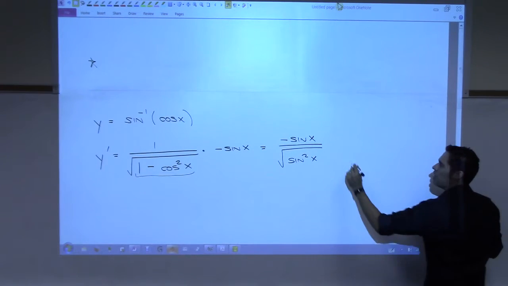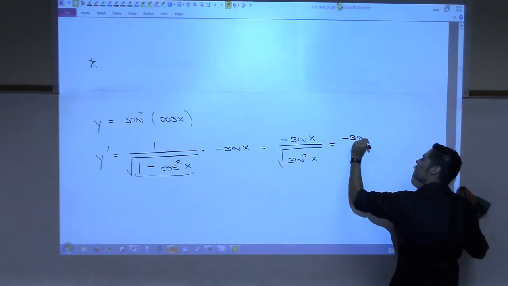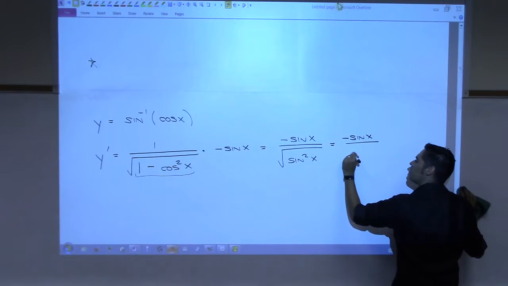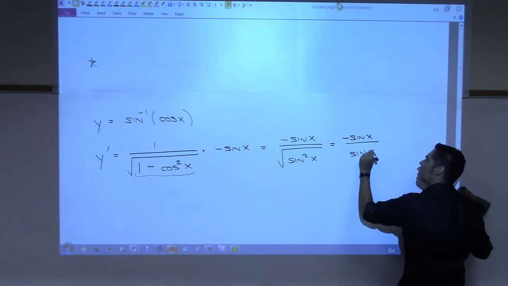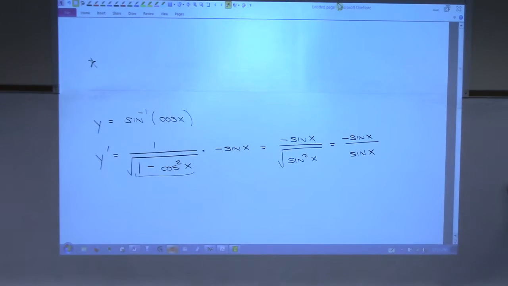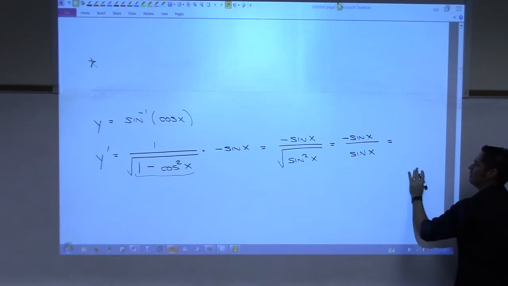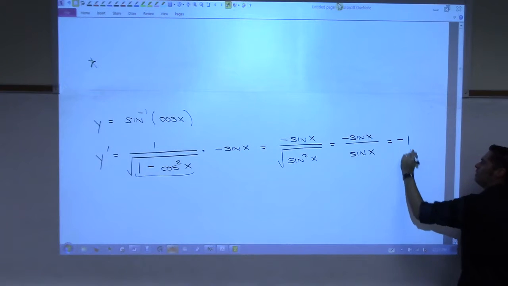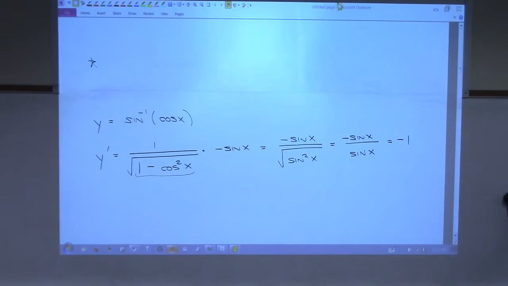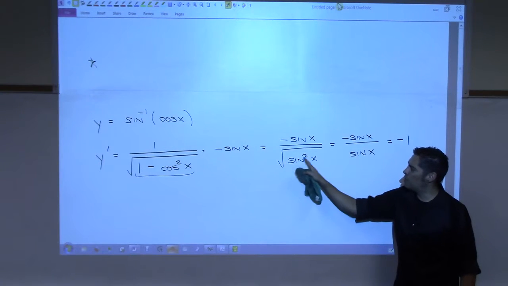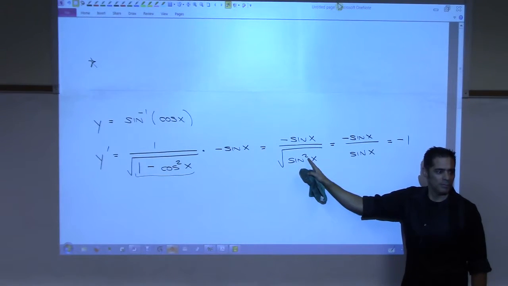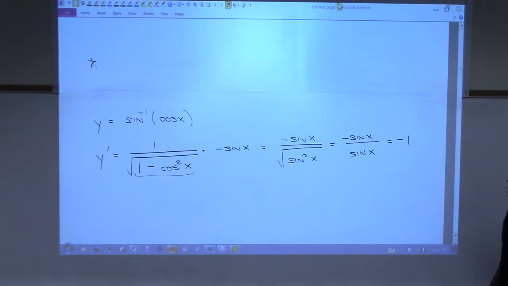Which is really just negative sine x over sine x, which is negative 1. Well, I'm taking the square root of something squared. Okay, that's going to cancel itself out, right? That's kind of weird, huh?